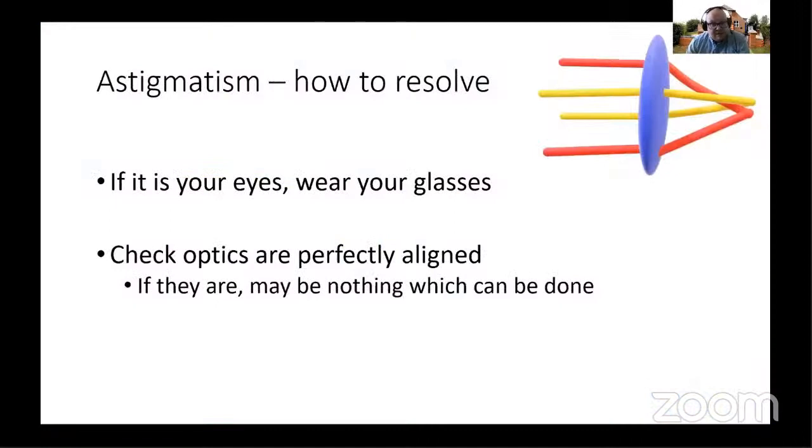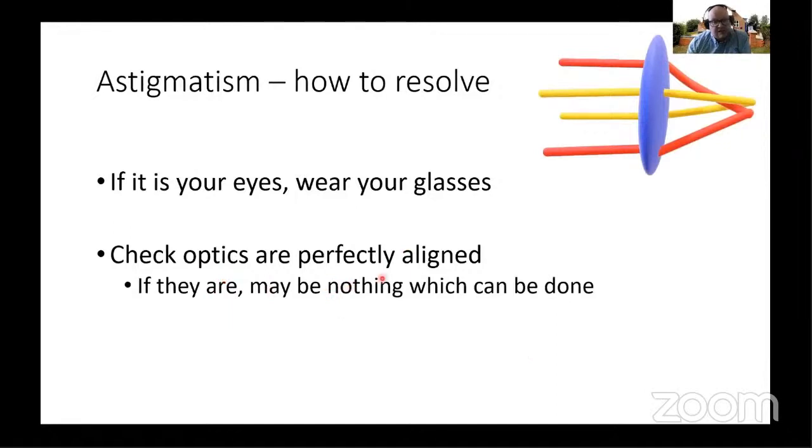Now, if you've got astigmatism in your eyes, like mine, then you should wear your glasses to observe, because that will make the image sharper, because your own glasses are correcting for the astigmatism in your eye. So if you take your glasses off and you think your scope's got astigmatism, just make sure it's not you and you're fiddling with your optics for no reason.